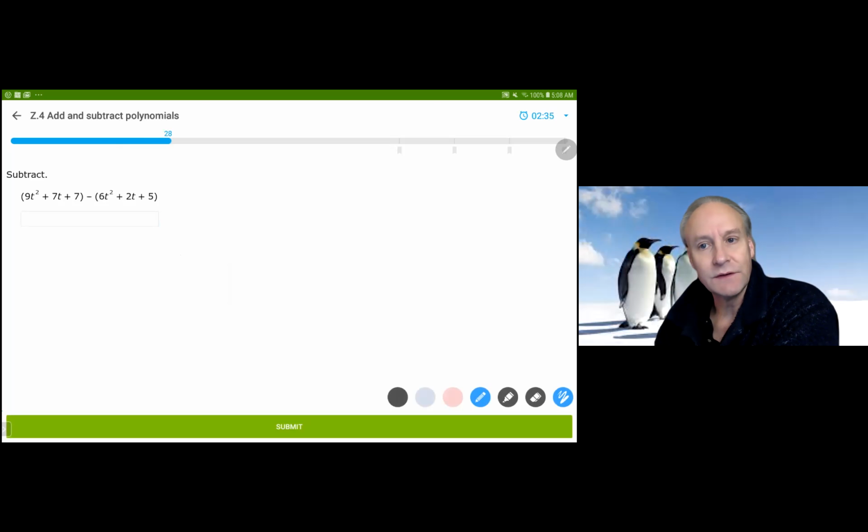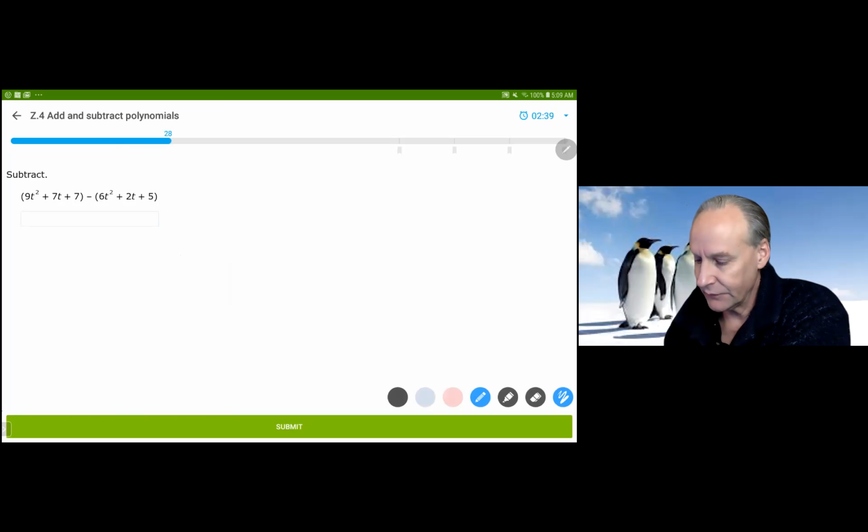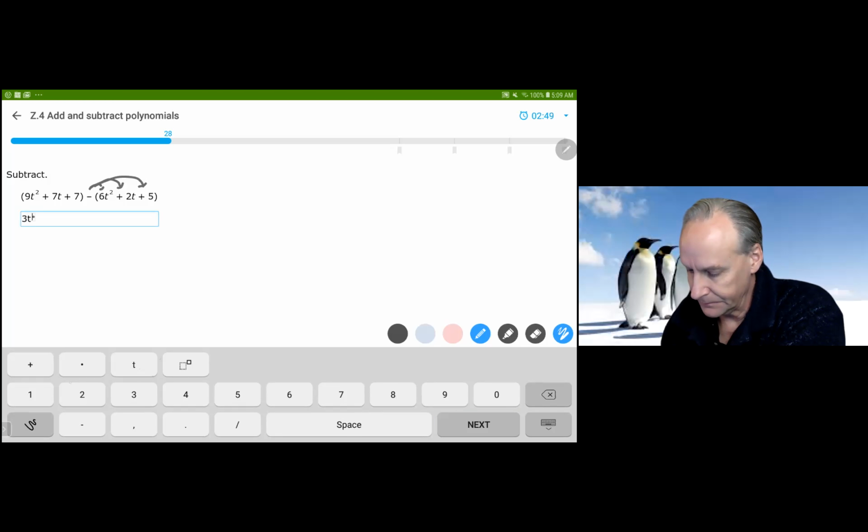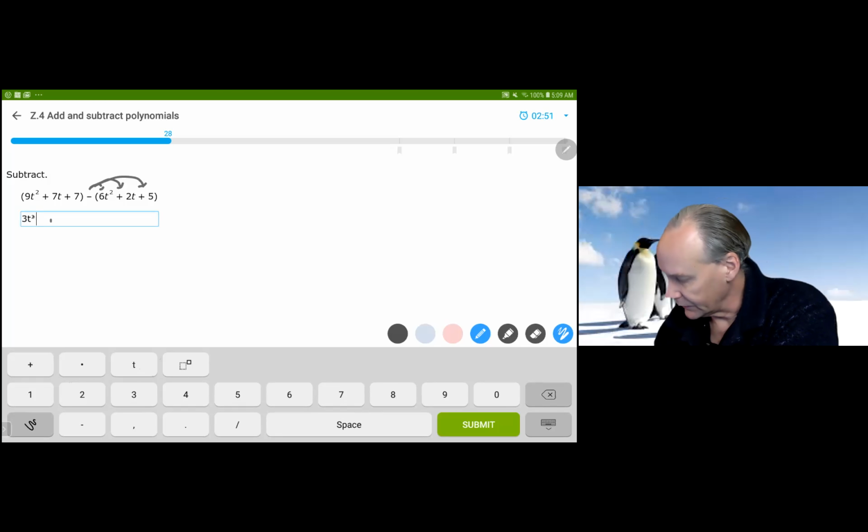Okay, this time we have to distribute the negative to all the parts. So instead of rewriting it, I'm just going to recognize that this negative is going to go to all 3 terms, and we're going to subtract them. That gives me 3t squared. Then we've got a plus 5t, because I've got 7t minus 2t.